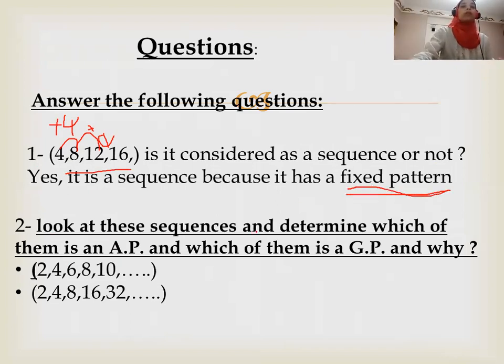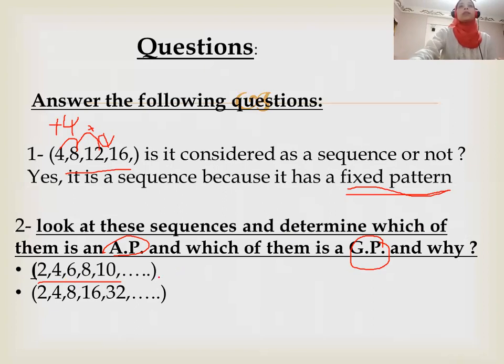Look at these sequences and determine which of them is an arithmetic progression and which is a geometric progression, and why. Let's have a look at this first group. Who can notice, is it a sequence or not? Yes, it's a sequence. So what type of sequence, arithmetic or geometric?